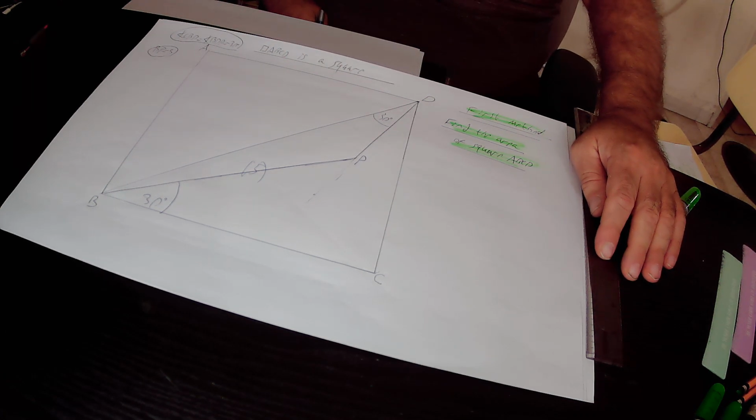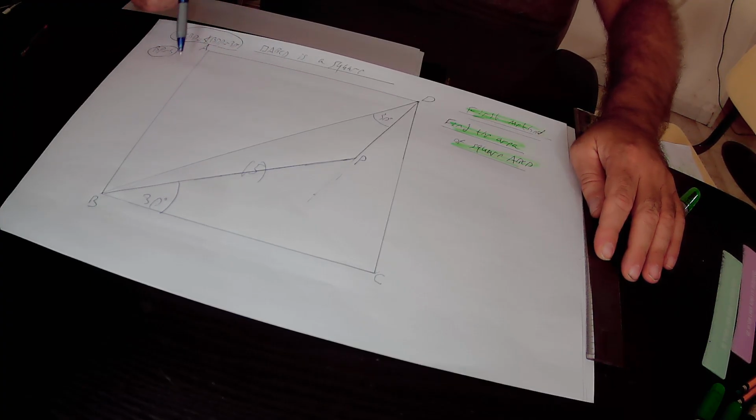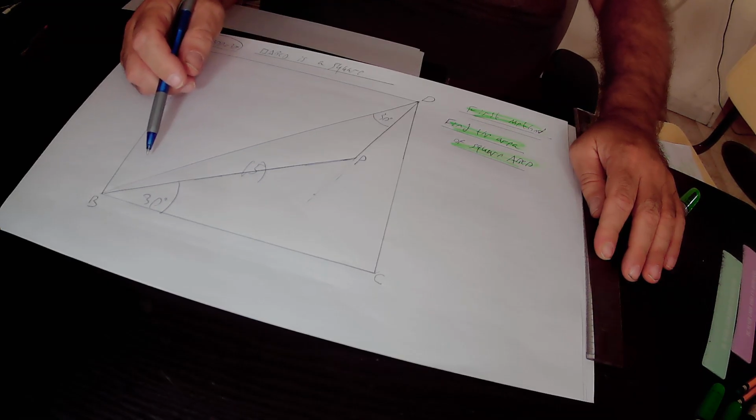First of all, we know that the diagonal of any square bisects the angles of the square. Diagonal DB bisects the angle ABC. Angle ABC equals 90 degrees.